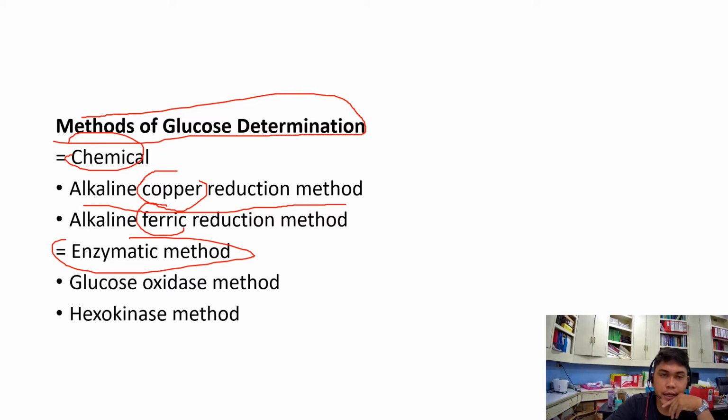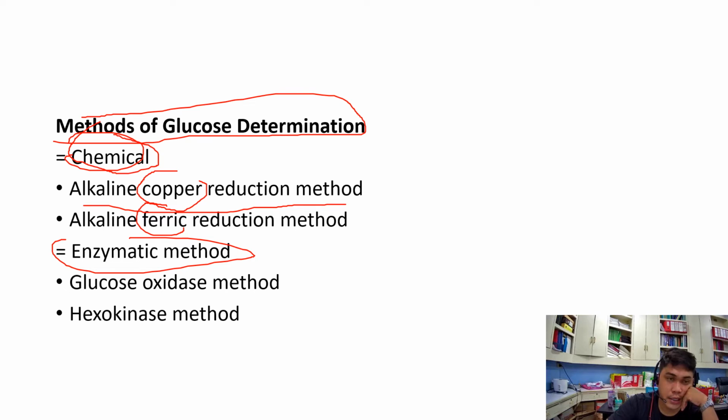Same with ferric to ferrous. Now, the problem with the chemical method is that it's not that specific. Why? Because there are other reducing substances that can also reduce cupric to cuprous and ferric to ferrous.